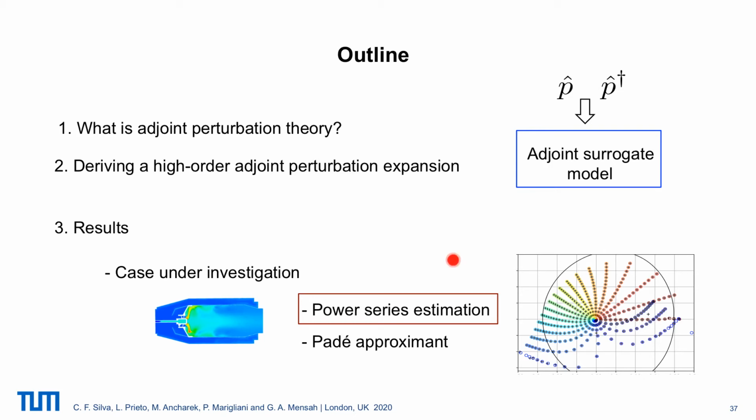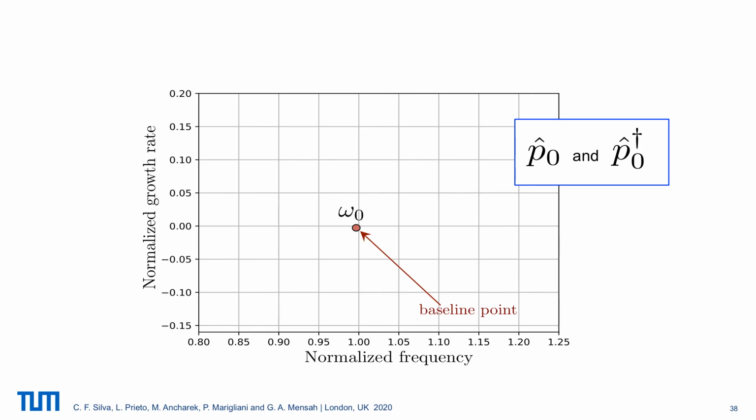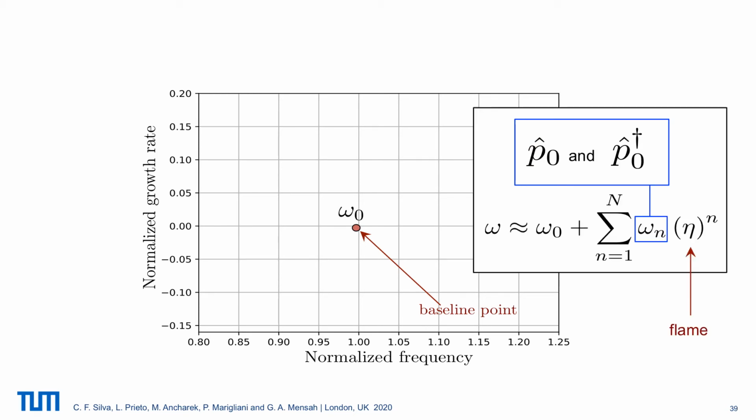We will just talk first about the power series estimation. So as said before, we start with the baseline point. We just calculate one time this eigenvalue problem to obtain omega naught, p naught, and the adjoint p naught. Subsequently, we use adjoint perturbation theory to calculate the coefficients omega n.